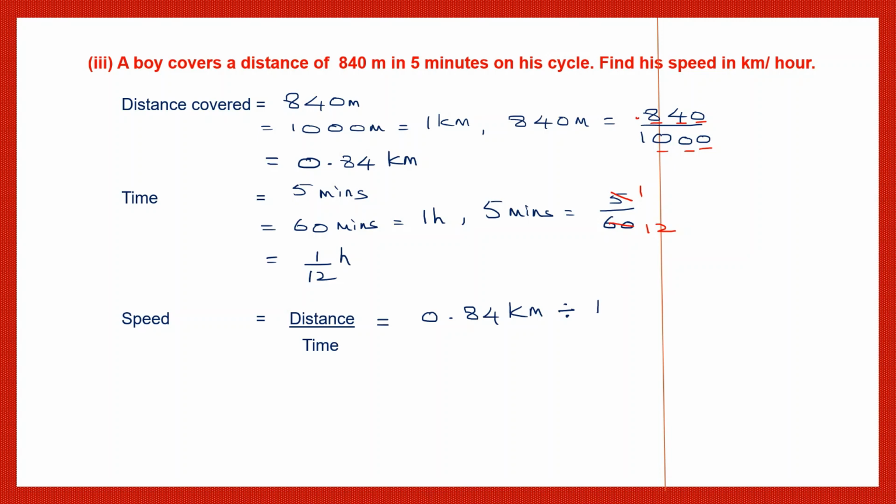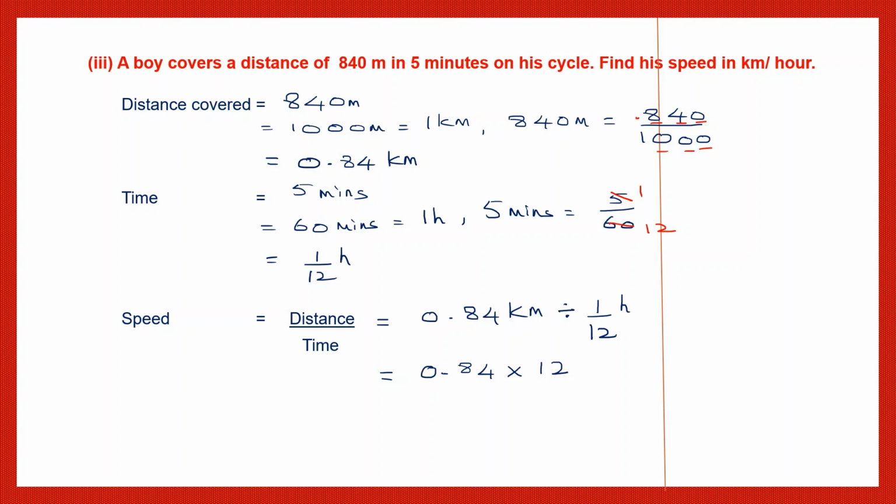So now it's become division of fractions and we know how to do division of fractions. So this is 0.84 into, we change the division to multiplication and write the reciprocal, 12 by 1 or 12. So we simply have to multiply this.